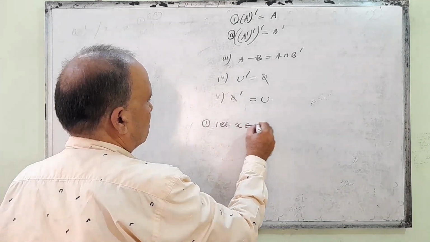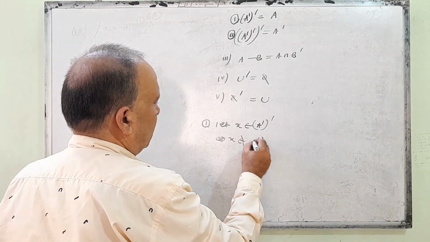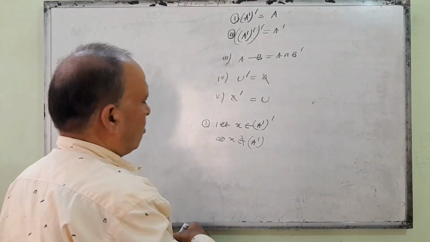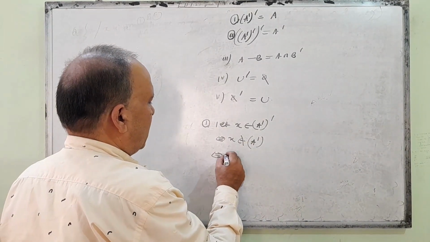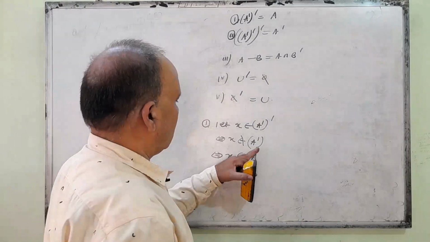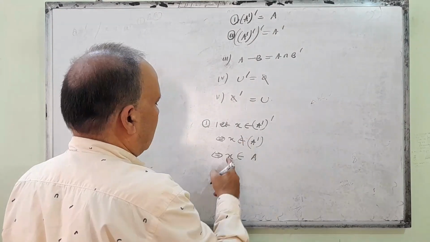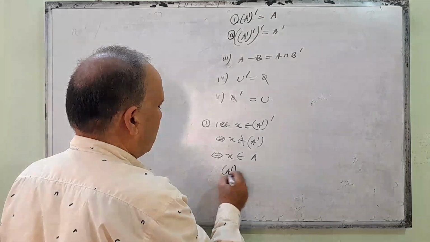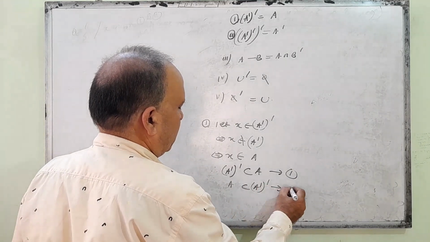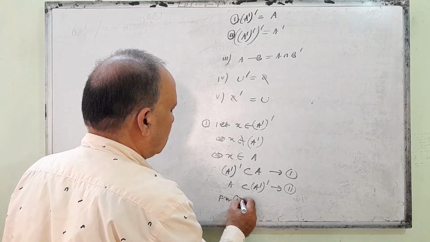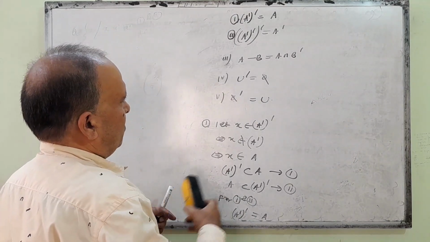Let X belong to complement of complement of A. This implies X does not belong to complement of A. That means if elements are present in complement of A, then X does not belong to complement of A. This implies X belongs to A. If X does not belong to complement of A, we can say X belongs to A. So complement of complement of A is a subset of A, and A is a subset of complement of complement of A. So from 1 and 2, we can say complement of complement of A is equal to A. This is the first property.